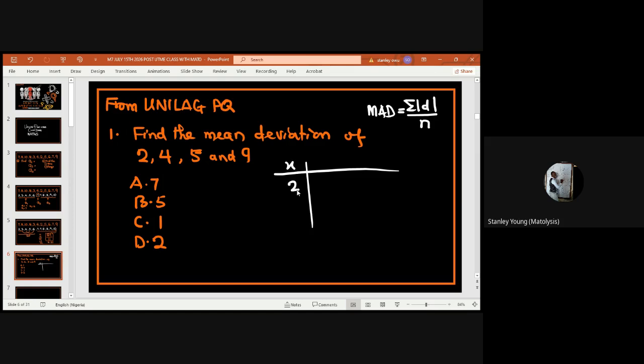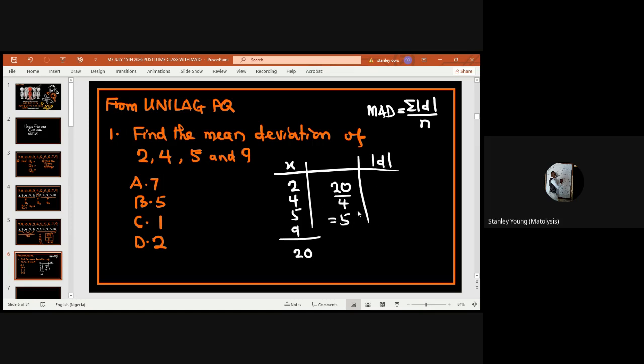X, we have 2, 4, 5, 9. The job is to first sum that together. We have 6, 11, 11 plus 9, that's 20. So the mean is equal to 20 divided by 4, that gives us 5. Then you get the absolute deviation.